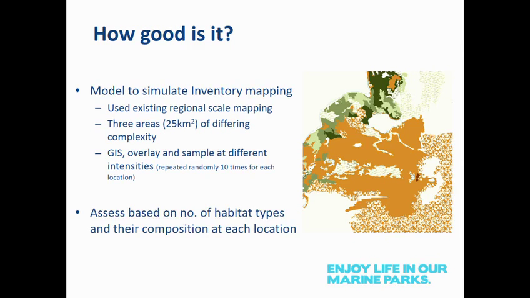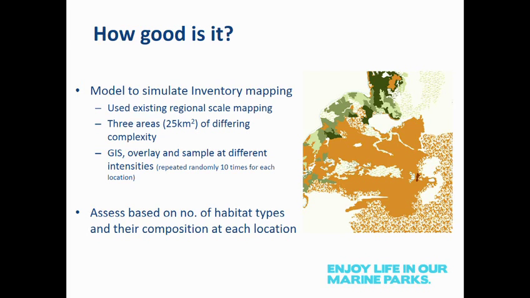And we assess that based on, first of all, the number of habitats we're picking up at the various resolutions compared to what we know to actually be there, at least in the habitat maps. And secondly, how well we're representing the proportions of those habitats at each of the sampling resolutions.